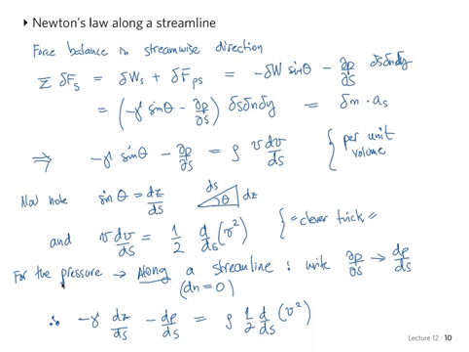No, n is perpendicular to the streamline. So these are curvilinear coordinates. They're always changing with respect to your Cartesian ones, moving along the streamline. But z is always pointing upwards, opposite the weight. Gravity is always pointing in the same direction.